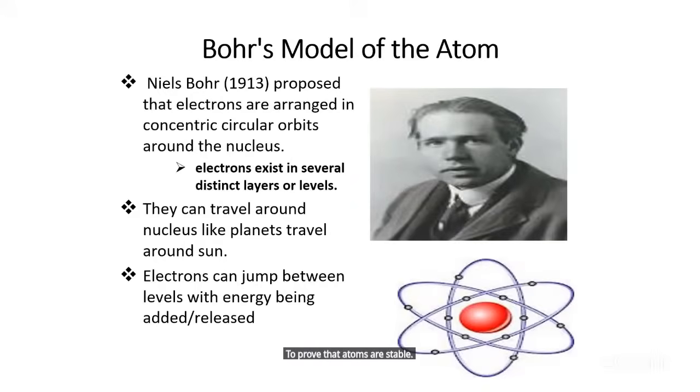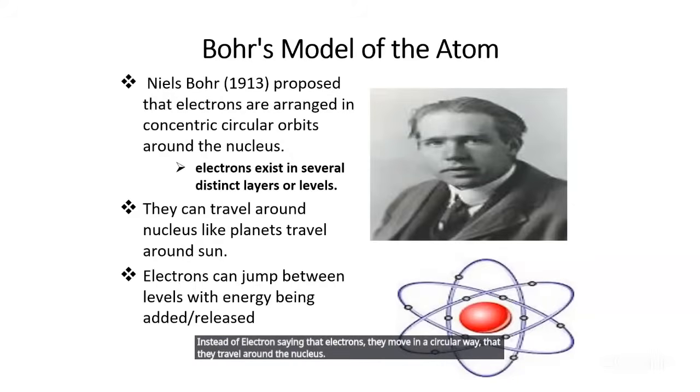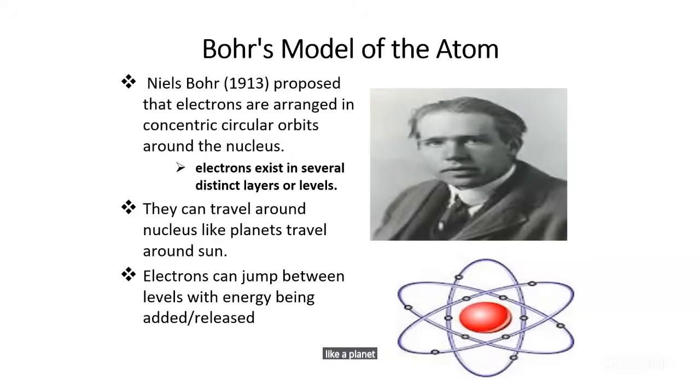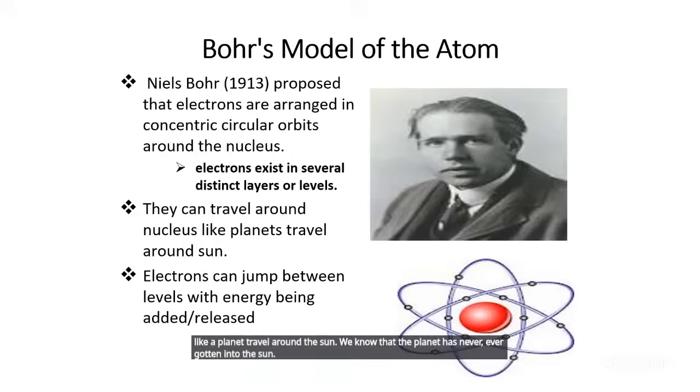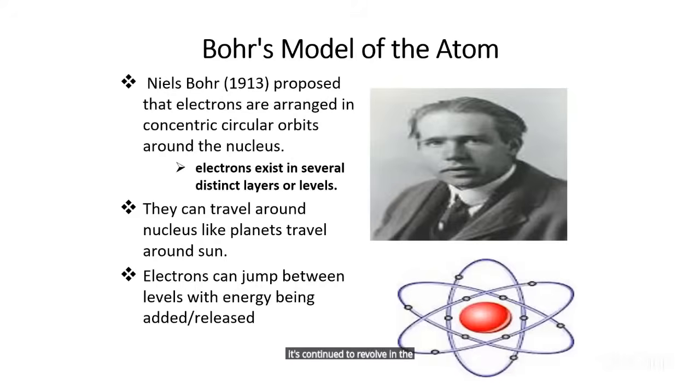So instead of saying that electrons move in a circular way, traveling around the nucleus like a planet travels around the sun, we know that the planet has never, ever gotten into the sun. It continues to revolve around the sun in a fixed path.